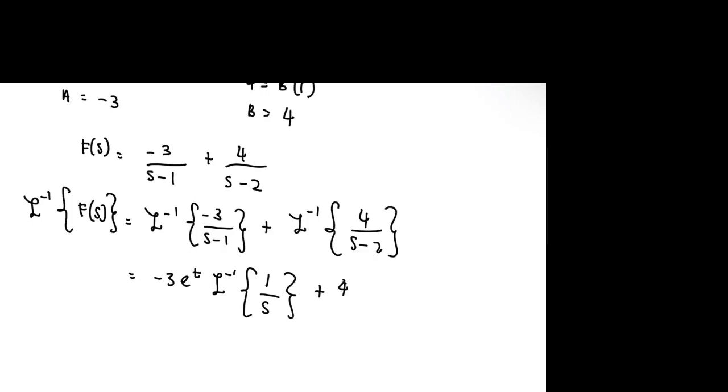Plus 4, s minus 2, if we put outside, will be exponent 2t, the inverse Laplace of 1 over s. So we have minus 3 exponent t plus 4 exponent 2t, since the inverse of 1 over s is 1.